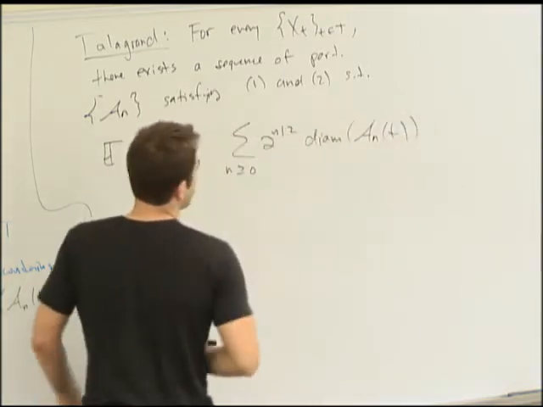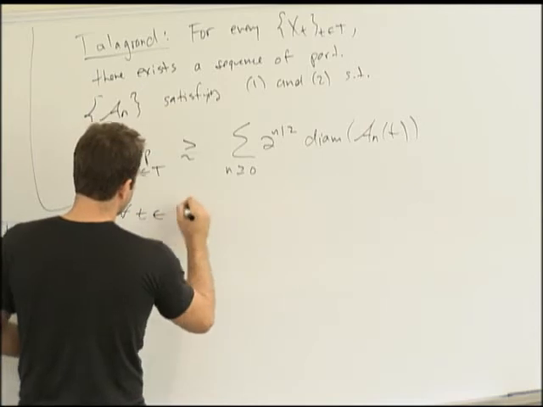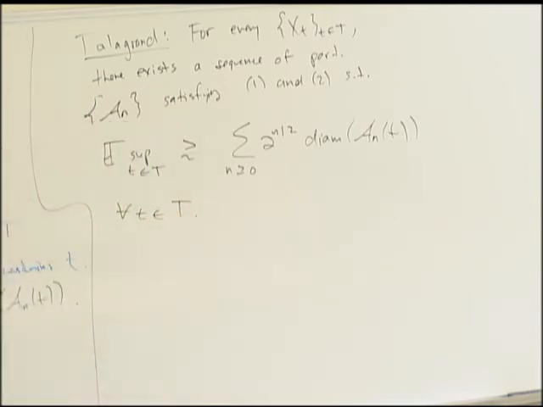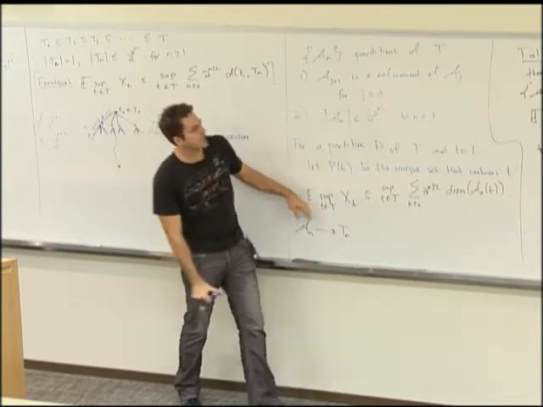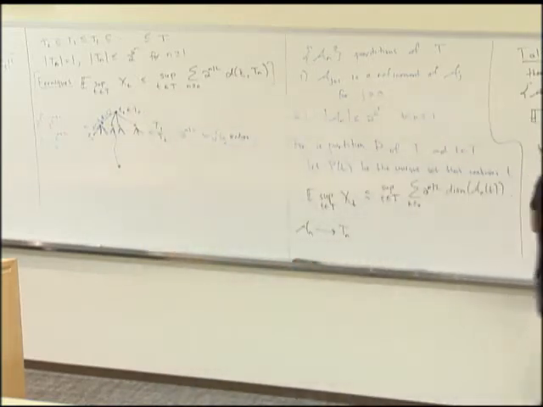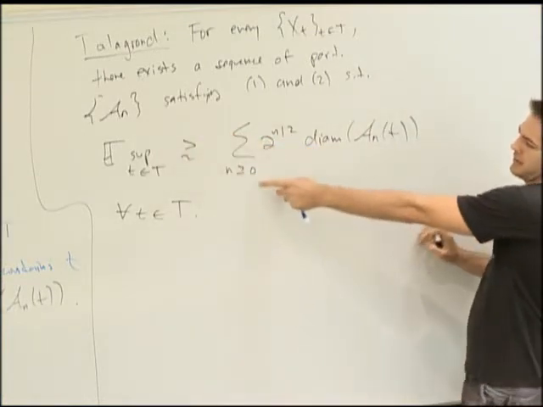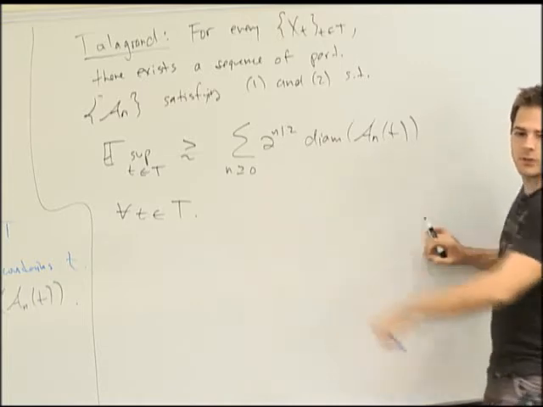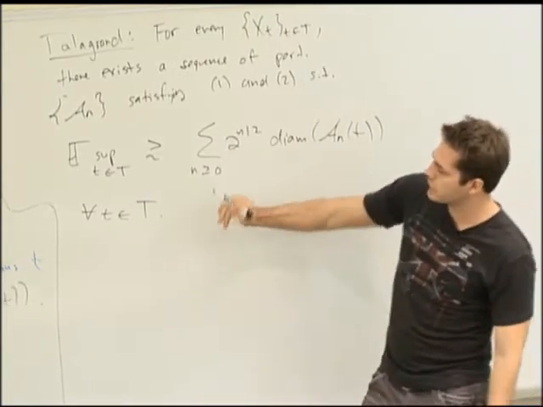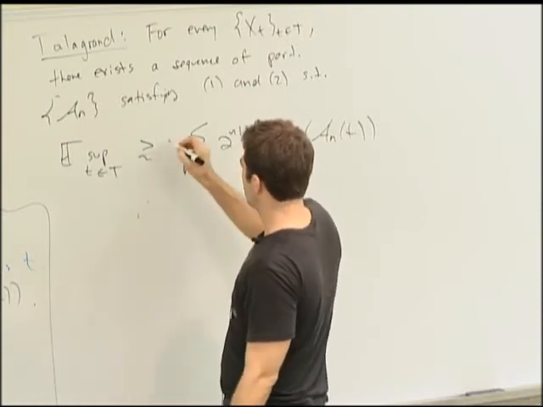So it just holds. And I'll state it this way. I could put the sup here, but let me just state it this way because it's a little bit clearer. We say that every sequence of partitions gives us an upper bound on the expected supremum. So Talagrand proved that actually, given any process, there exists a sequence of partitions such that this is also a lower bound up to a constant. And this has the strength here. Maybe I'll put it so it matches here.